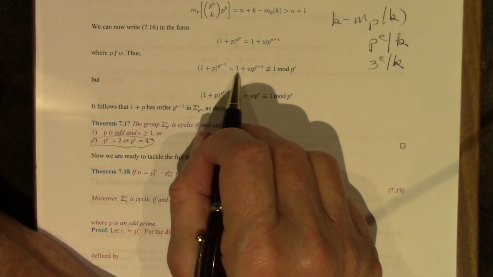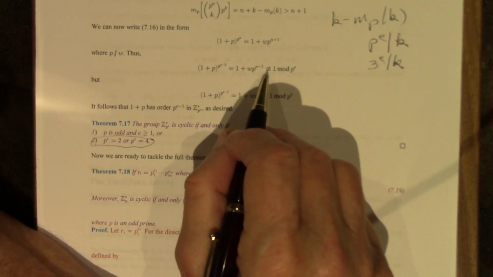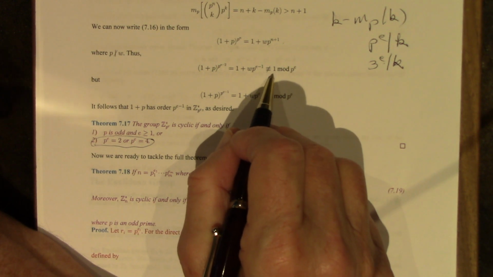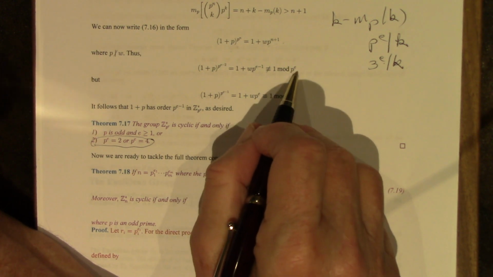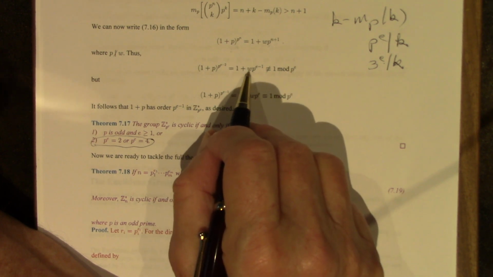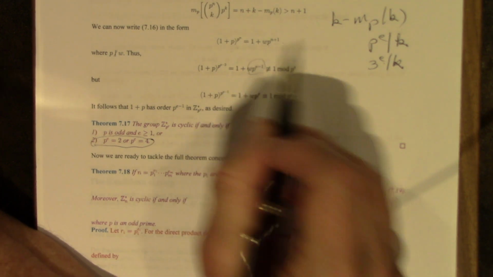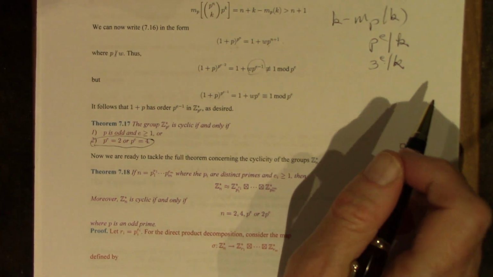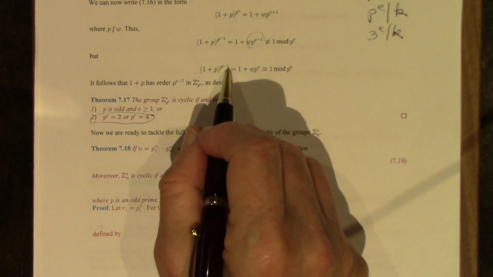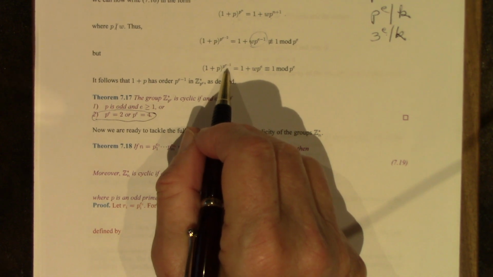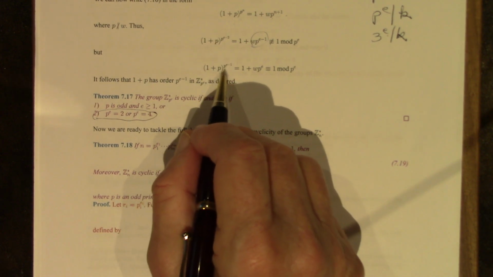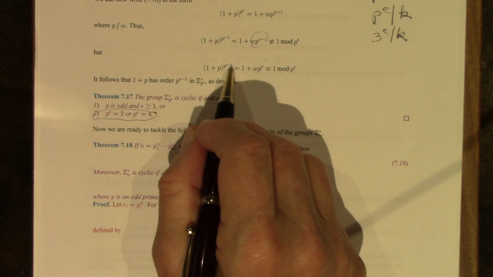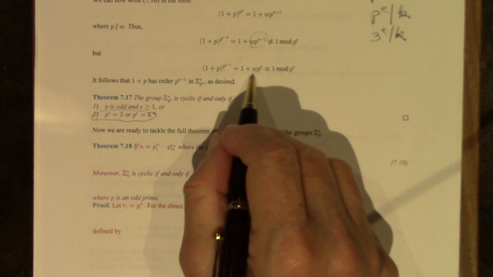So 1 plus wp to the e minus 1 is not congruent to 1 mod p to the e, because p does not divide w. So p to the e does not divide this. But if I kick up the exponent one more, 1 plus p raised to the p to the e minus 1, that is equal to this.